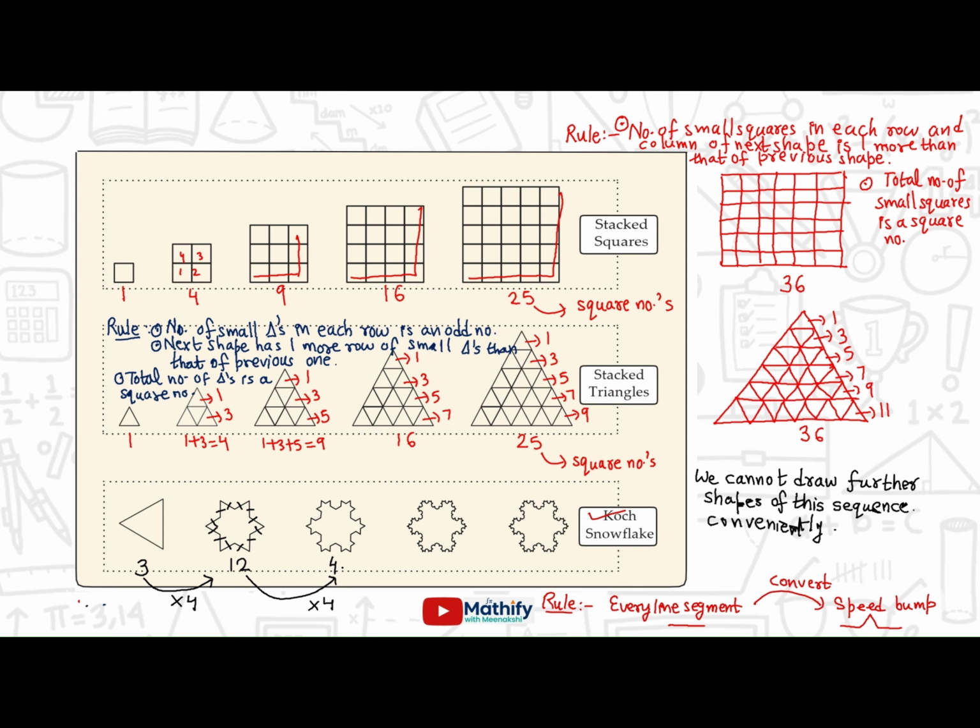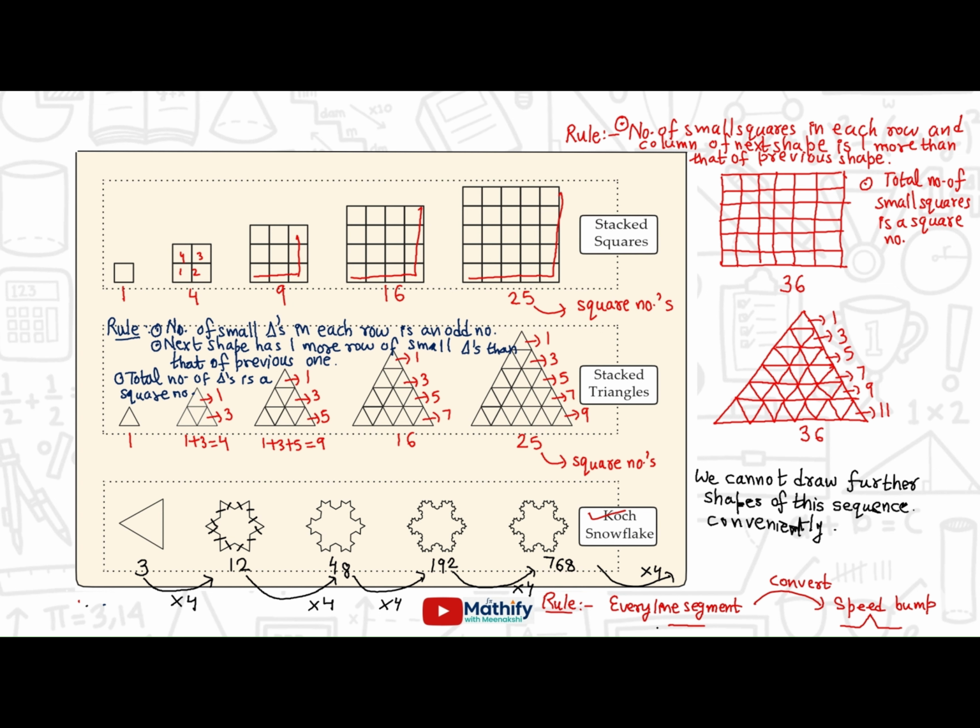That is 12 into 4, 48. Next, 48 into 4, that is 192, and in the next again into 4, that means 768, and so on. Next also you will multiply by 4, but that's difficult to draw, so I'm not writing that.